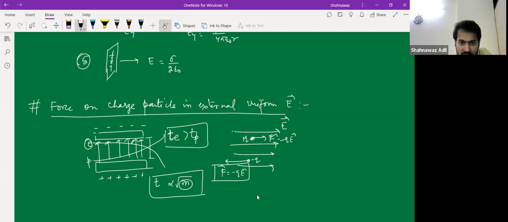And we did one more question. In my class, I did this part. Let's say I projected the charge Q with some initial velocity, at an angle of 45 degrees, and then I calculated the velocity with which it just touches this plate.